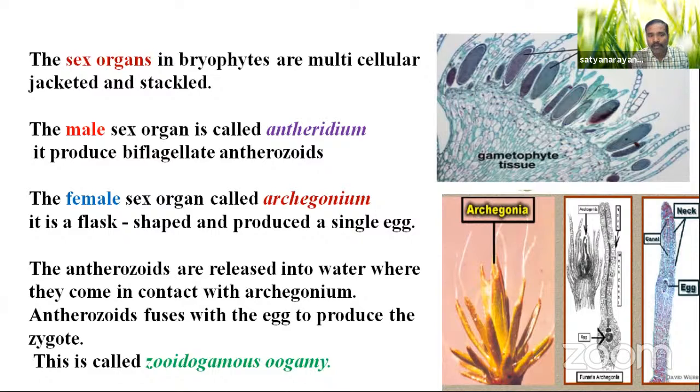If they move, it is called zoidiogamous. Zoidiogamous oogamy is observed in bryophytes, and here they do not produce any tube-like structures. When it comes to higher plants, the pollen grain produces the pollen tube, but here tube-like structures are absent. So this type of condition is called zoidiogamous oogamy.